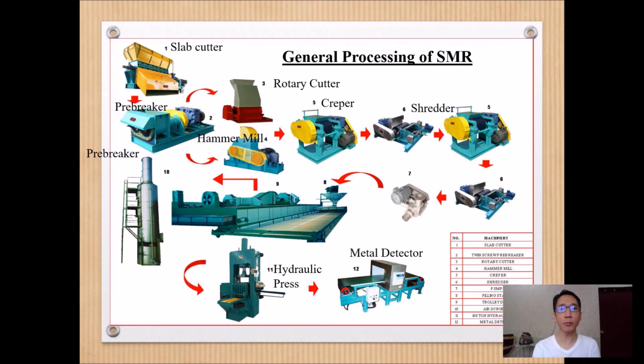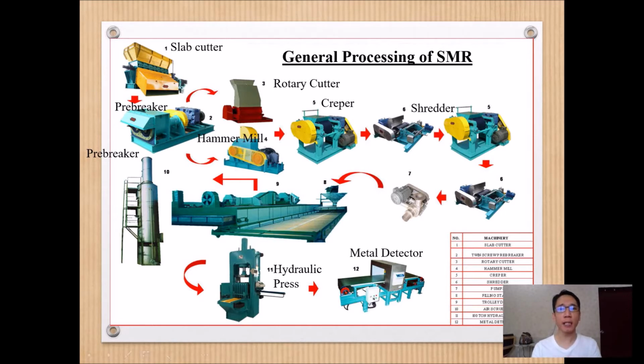Usually this pre-breaker is also used for cut lumps and field grade material, and it will be further crushed in a rotary cutter. The purpose of these several cutting processes is to reduce the size, and as the rubber reduces in size, the surface exposure is bigger, so it is more efficient to clean your rubber.